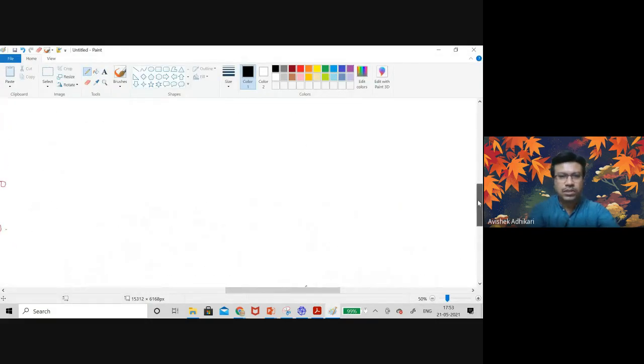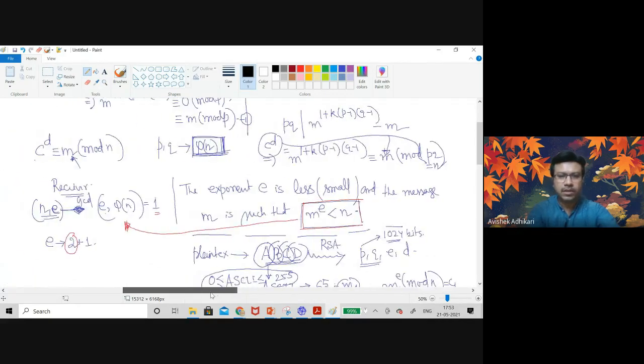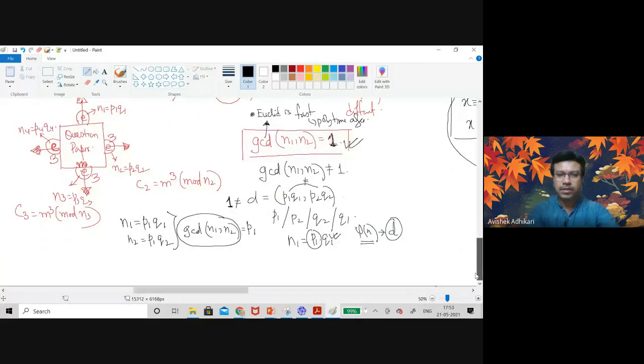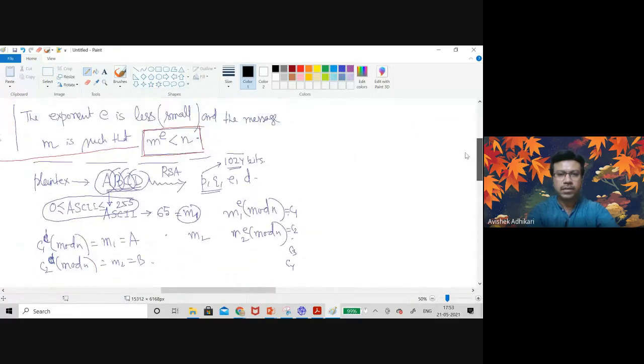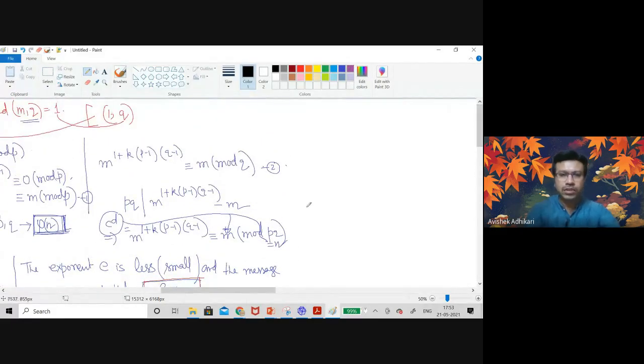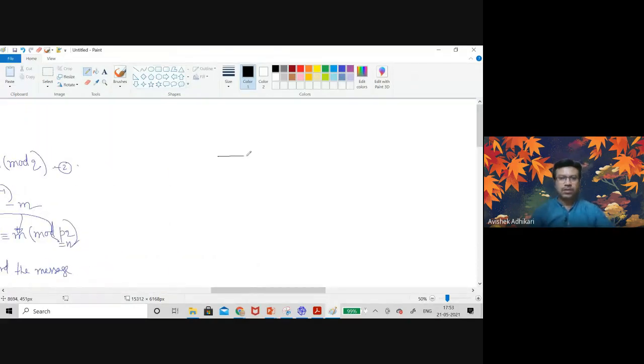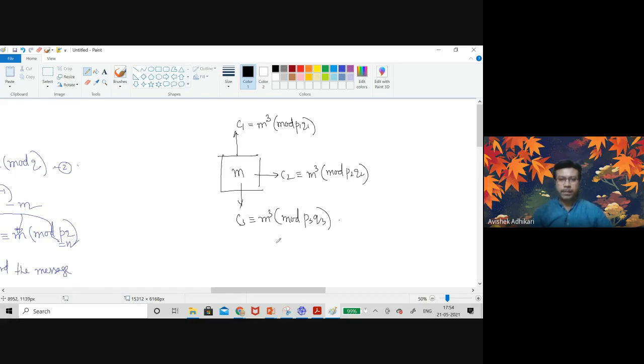I'm just writing them again. The attacker knows c1, which is m to the power 3 modulo p1 q1. c2 is m cube modulo p2 q2, and c3 is m cube modulo p3 q3, right?